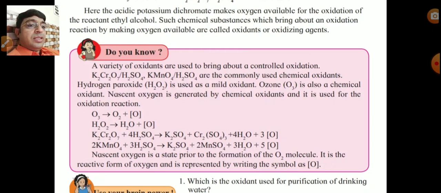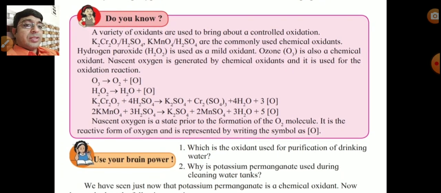Nascent oxygen is generated by chemical oxidants and it is used for the oxidation reaction. See in those reactions, O3 ozone forms O2, that is oxygen molecule, plus nascent oxygen indicated in square bracket. H2O2 hydrogen peroxide forms water plus nascent oxygen.